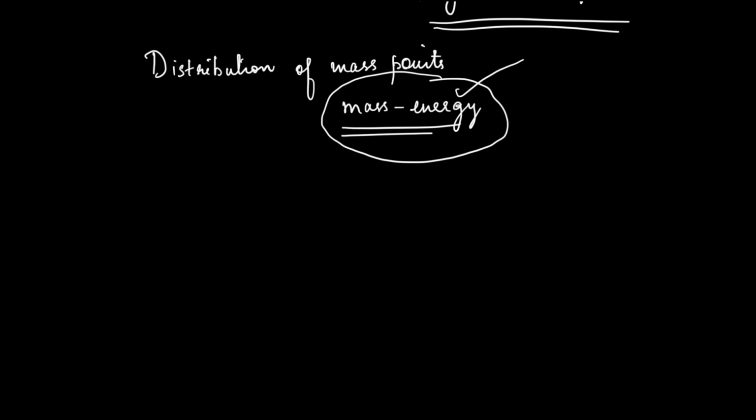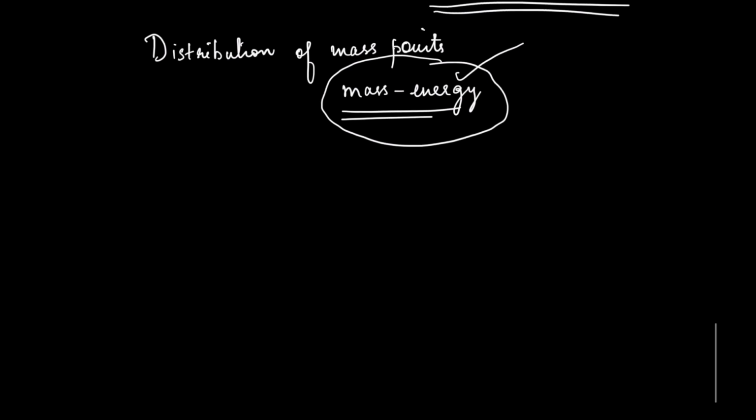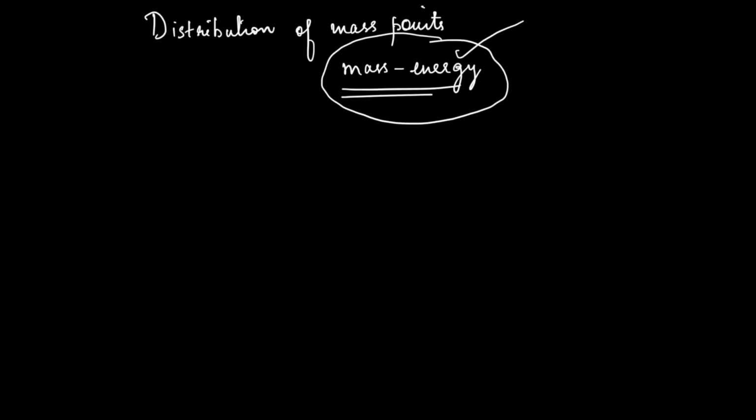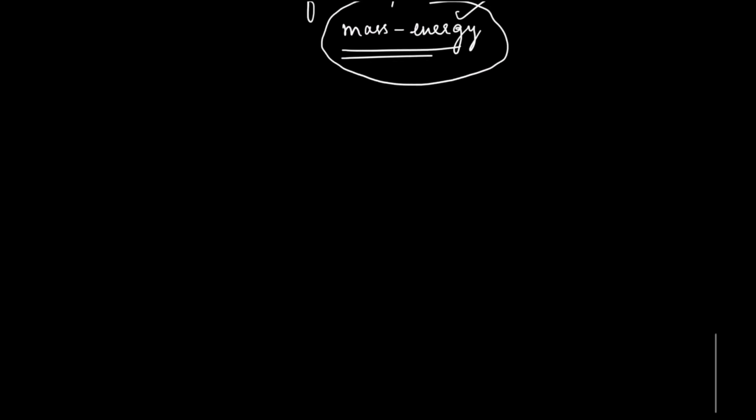Okay, so Einstein actually conjectured that the energy momentum tensor should act as a source of the gravitational field. I can represent the energy momentum tensor by T mu nu.